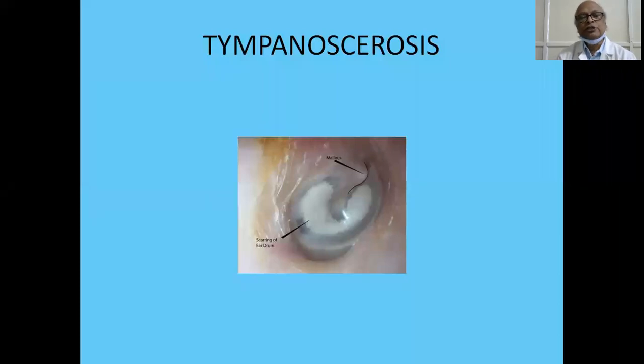In these patients, you are justified in doing a myringotomy and very carefully removing all the tympanosclerotic flakes and putting a small piece of silastic sheet to prevent recurrence of the tympanosclerosis. It may even produce stapedovestibular ankylosis like in otosclerosis. So at a second stage, sometimes you may have to do a stapedectomy also, like in otosclerosis.